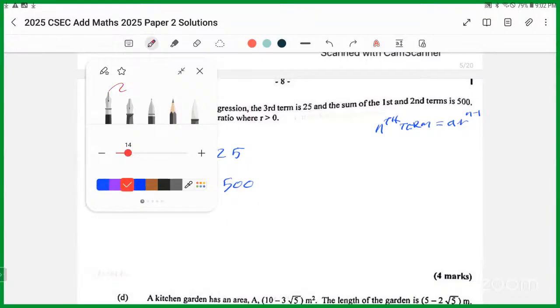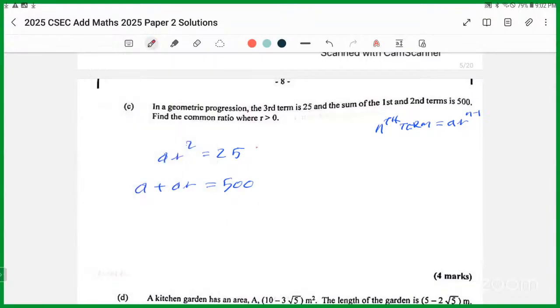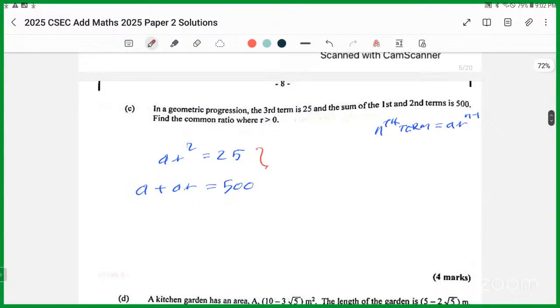Solve simultaneous equations from a GP most times by dividing. From an AP, you solve them by adding or subtracting. So I divide one by the other. I'm going to put A plus AR over AR squared, and then put 500 over the 25.